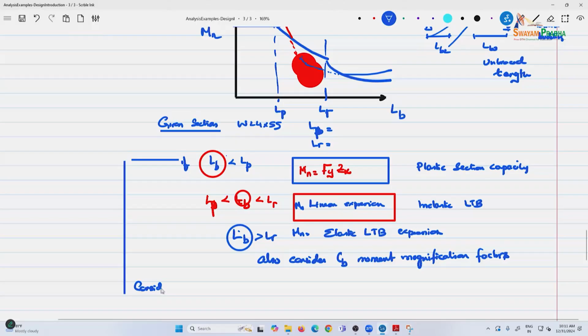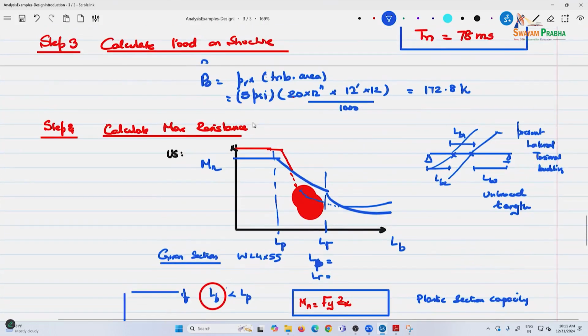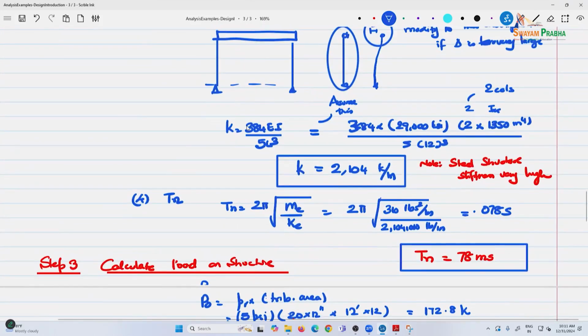All this can be incorporated, but let us keep it simple here. Consider the case of LB, which is 12 feet, supported only at the ends, or if you have girts, these side beams, then your LB is now 6.